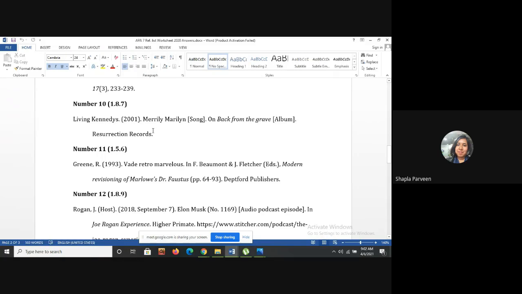Then the name of the song, Merrily Merlin, and in brackets it's written song on Back from the Graves. So I have to write the CD's name, and that is italicized, not the name of the song but the name of the CD. Then in brackets write album, and Resurrection Records is the name of the recording studio.